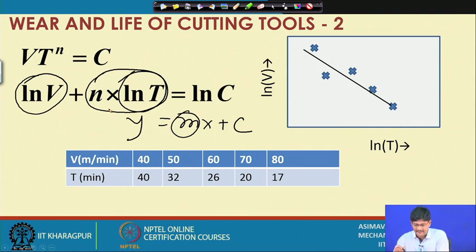So, if natural log of time is this axis, and natural log of velocity is this axis, and the points obtained experimentally fall like this, we can draw a line which is sometimes called the best fit. Now, what does the best fit mean? It means that whatever errors we are incurring between the actual experimentally obtained points and the curve drawn by us, that error will be minimum.